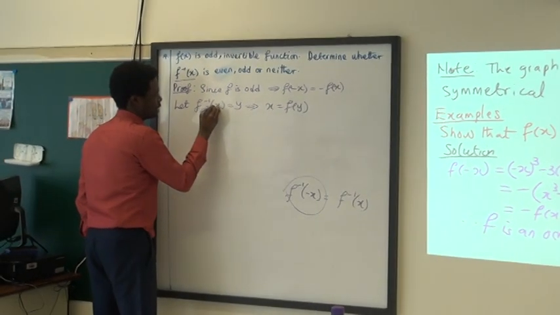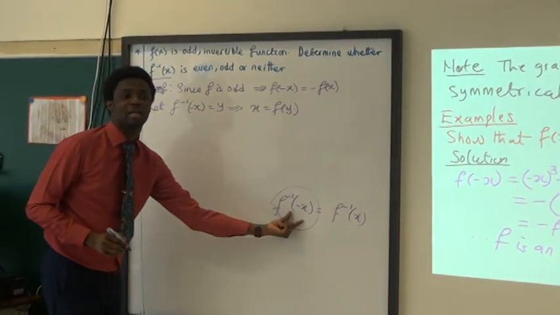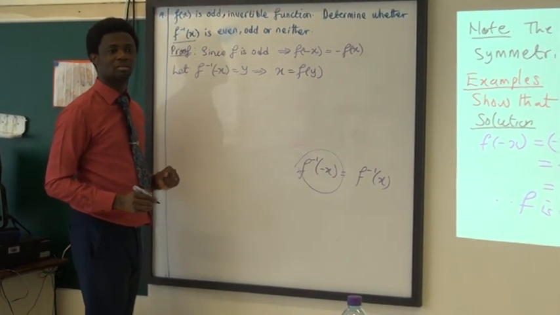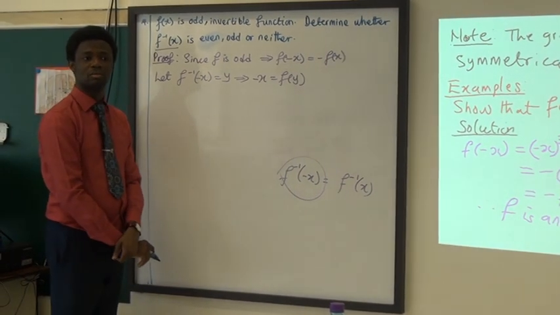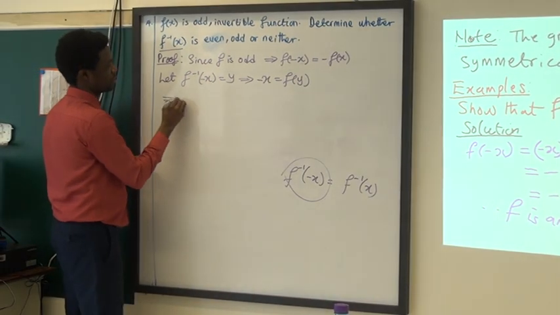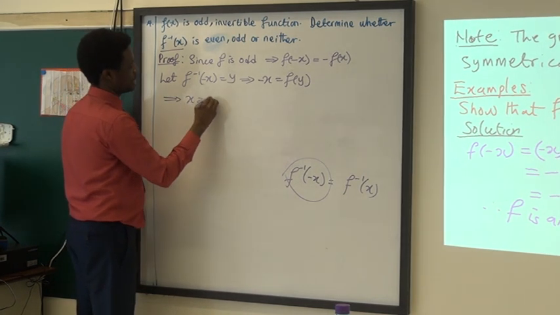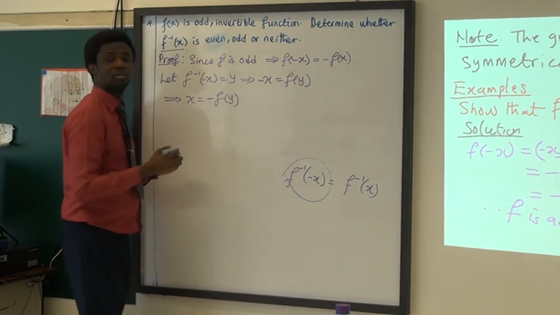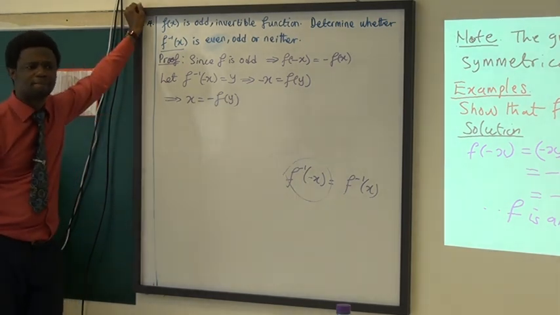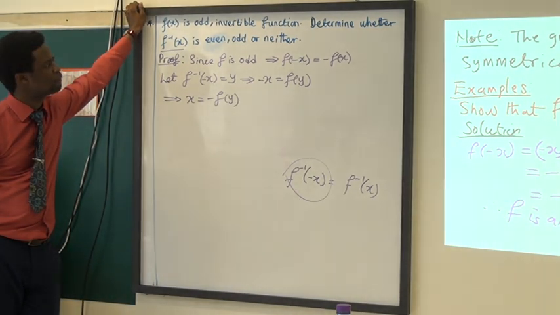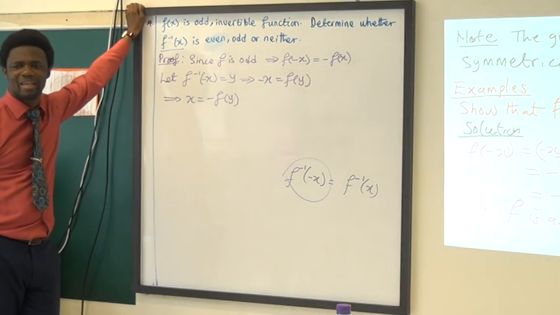So let's rewrite this part. Let this left-hand side be y. Then this property holds. Agree? In that case, x will be negative f of y. What does this lead to? It's something that is given in the question.